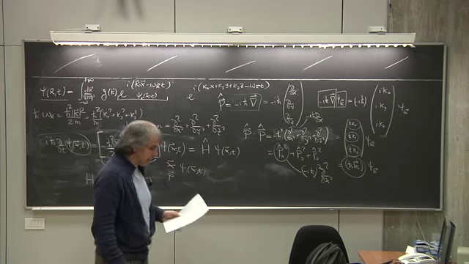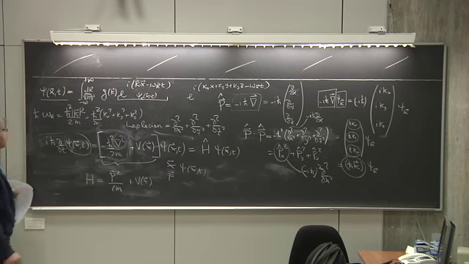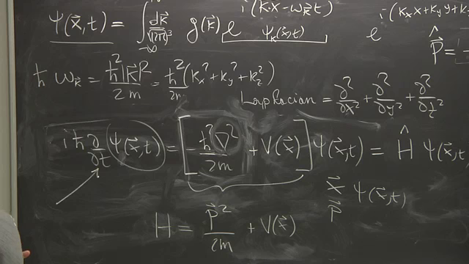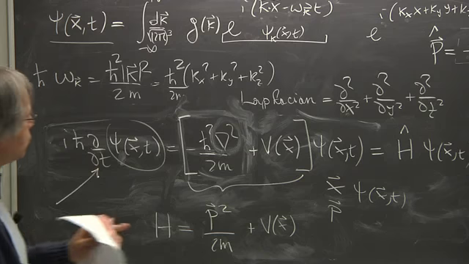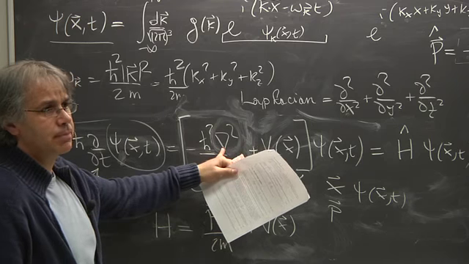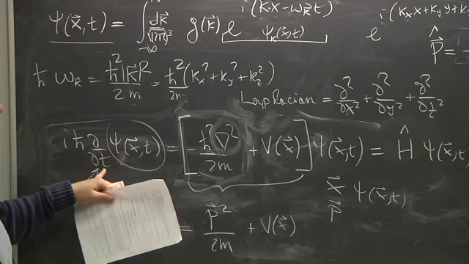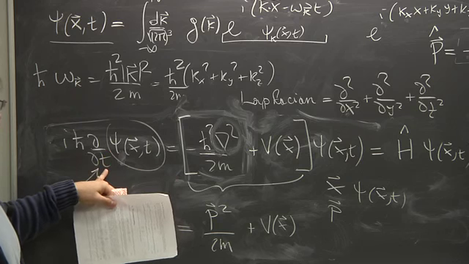Okay, some comments about this equation. First of all, you see there is a very strong asymmetry between space and time. There are second-order derivatives in space, but only first-order derivatives in time.